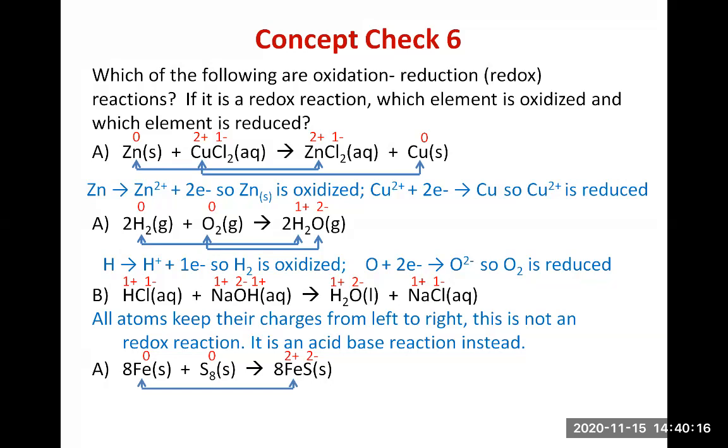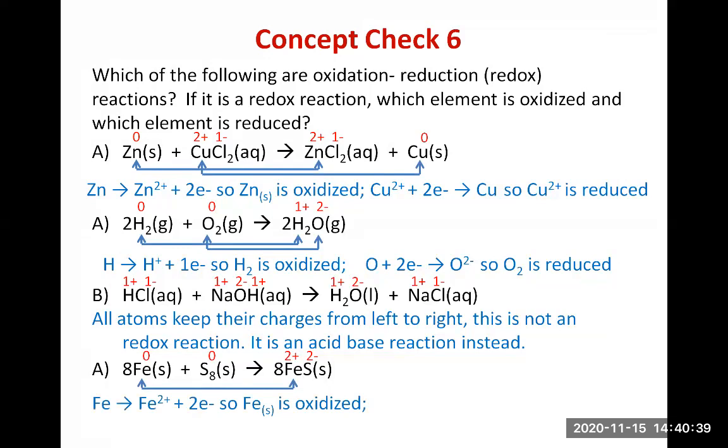So if we write the half reaction, we will see that we need to remove electrons from Fe. So it's going to be Fe becomes Fe2 plus 2 electrons that we have removed from the iron metal, so that it's oxidized. So it's Fe as a solid, as a metal that is oxidized in this reaction.